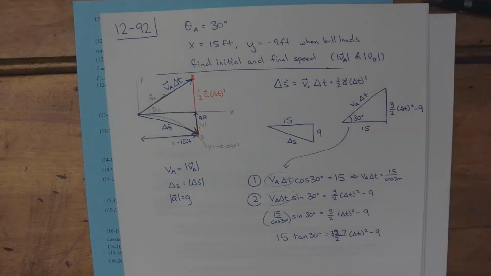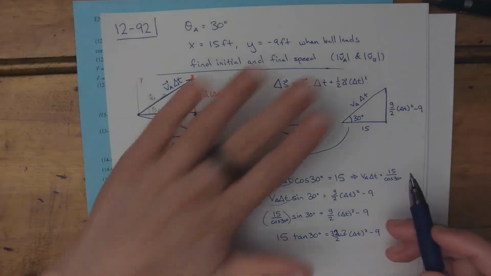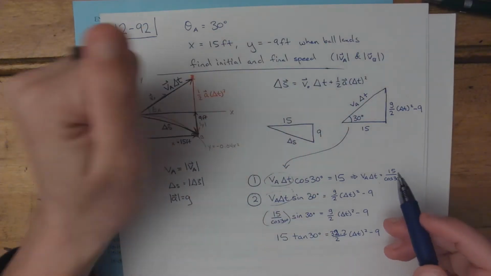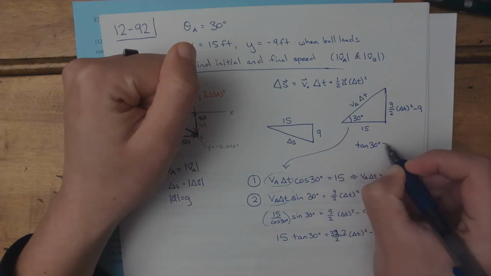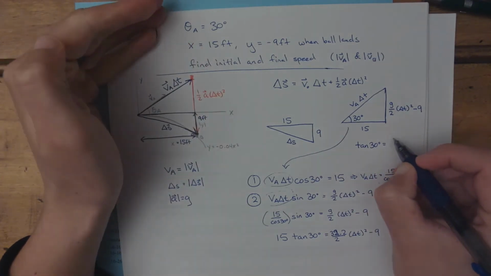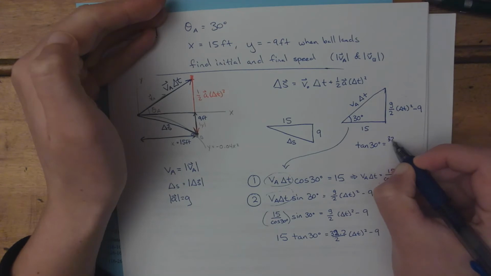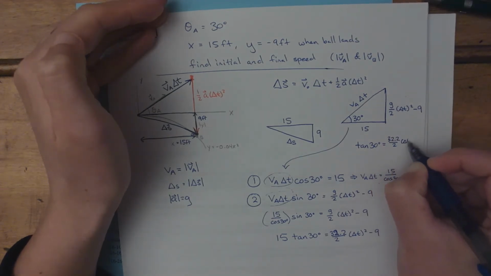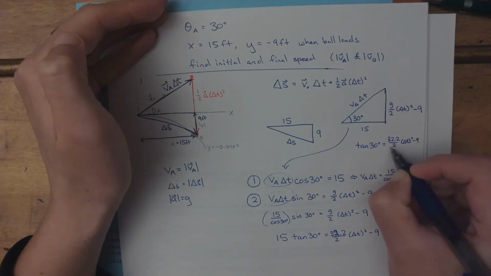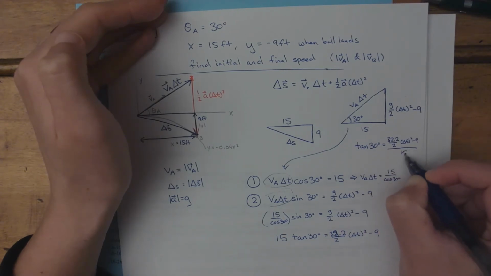Furthermore, I know the angle, so just from looking at the triangle and ignoring the hypotenuse, you could say tangent of 30 degrees is equal to the opposite, which is 32.2, if we put that in for g, divided by 2, times delta t squared minus 9, divided by the adjacent, which is 15.